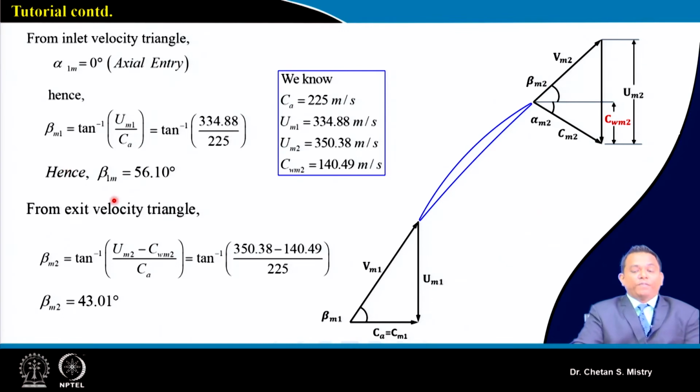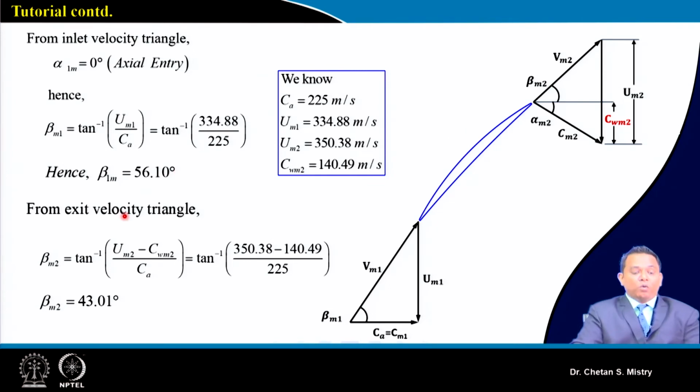Now we can calculate my entry angle, beta at mid station at the entry, which is given by tan inverse U by Ca. We have calculated the peripheral speed at the entry and at the exit, so based on that we can calculate beta 1, and it is coming 56.10 degrees.